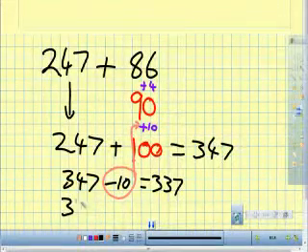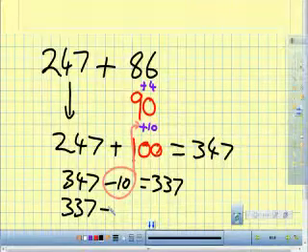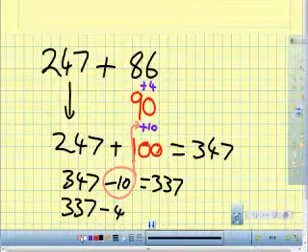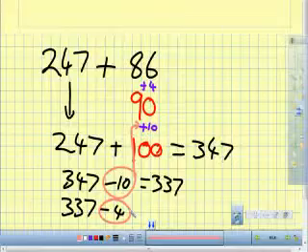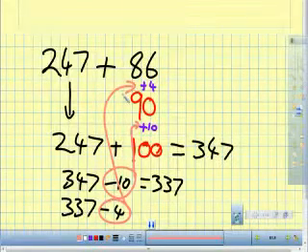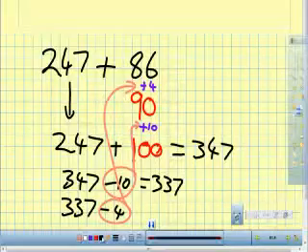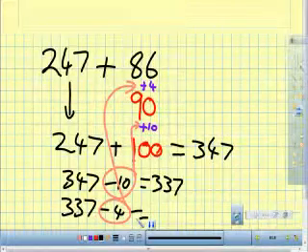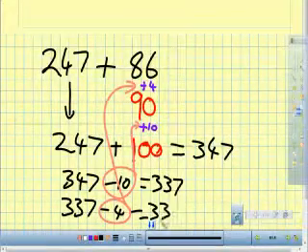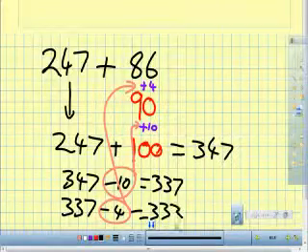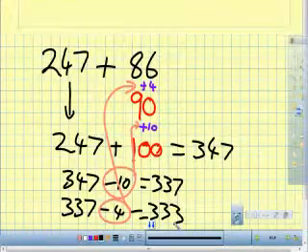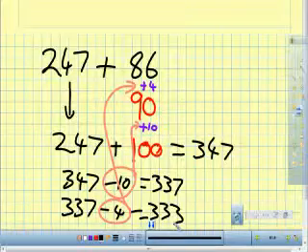I've got one more step, so I've got 337, and I have to minus 4, and that minus 4, of course, is coming from that 4 that I added before. And so now I end up with an answer of 333. Great, and that's exactly my answer.